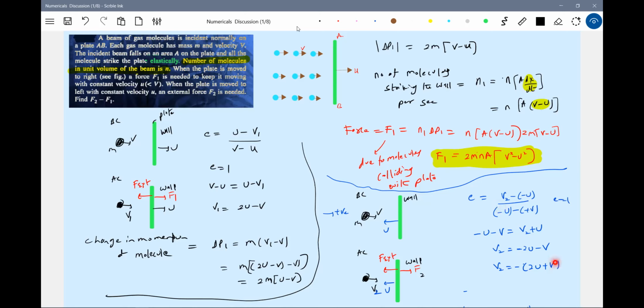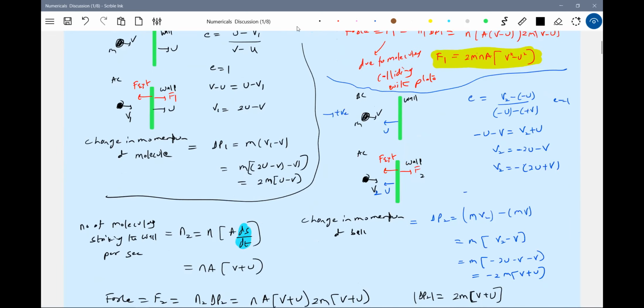Solving will give the velocity of the molecule after impact. The change in momentum of the molecule is again the final momentum minus the initial momentum. Solving this will give this result.